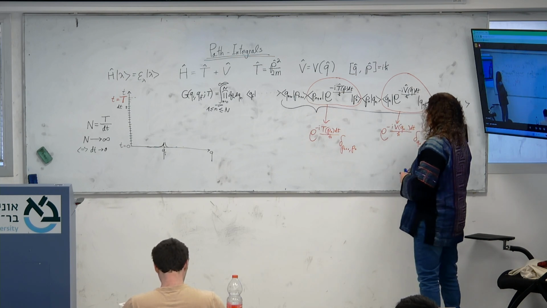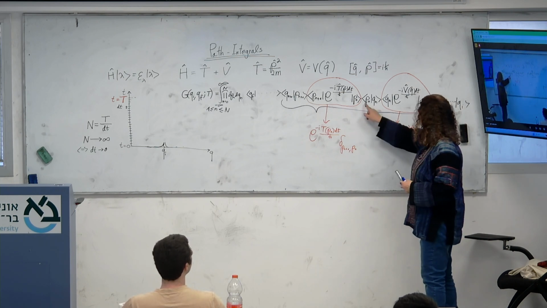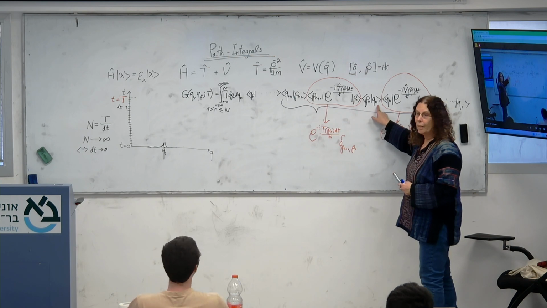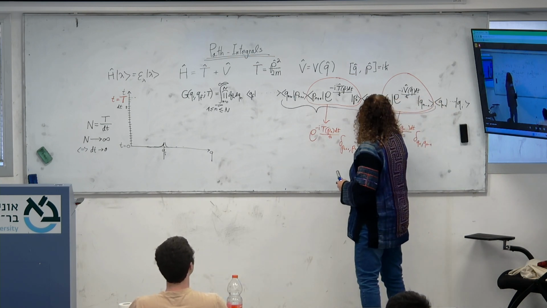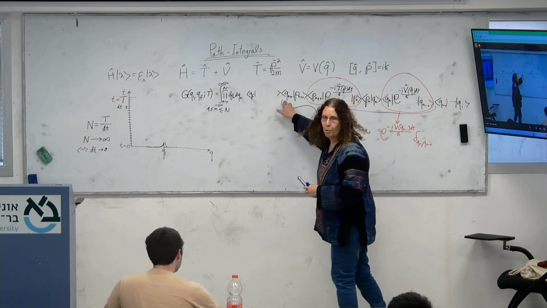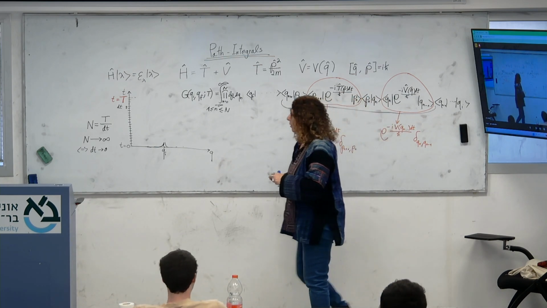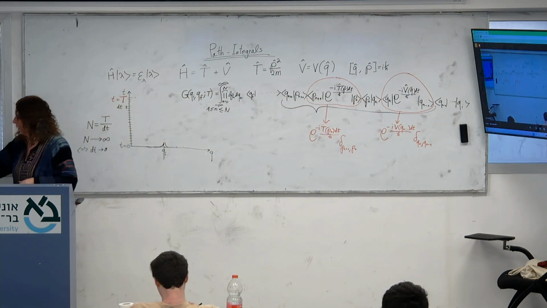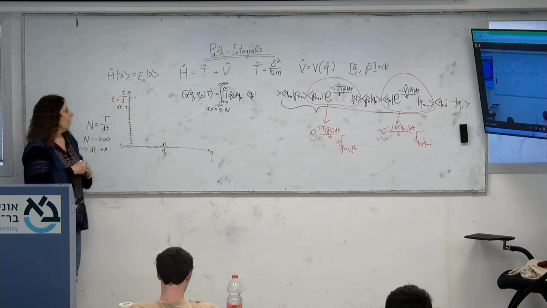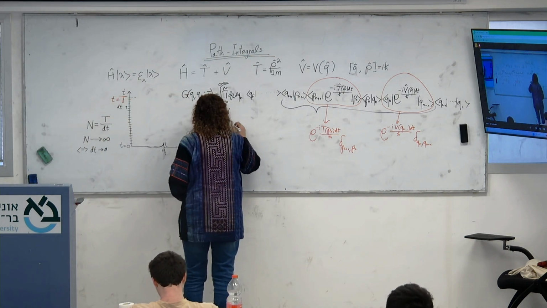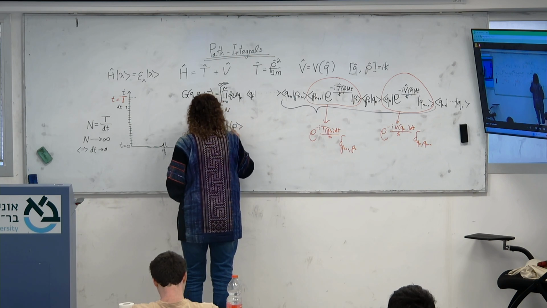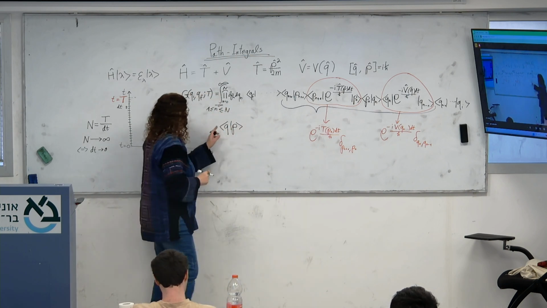Okay, great. Now we are left with the overlaps, or the matrix elements, of Q and P. And this is where I remind you that if I write the overlap of P and Q, what is this?